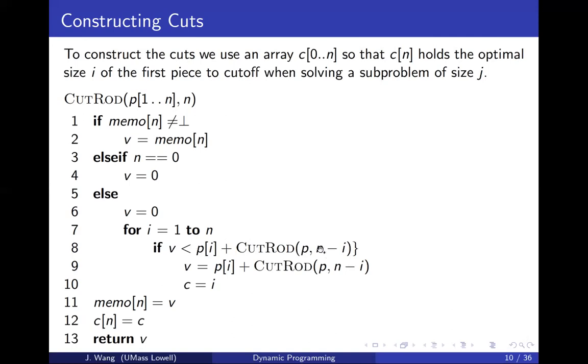That means this is greater than V. Then of course what I'm going to do is remember this i by making V bigger, and then remember this i by putting i into C.